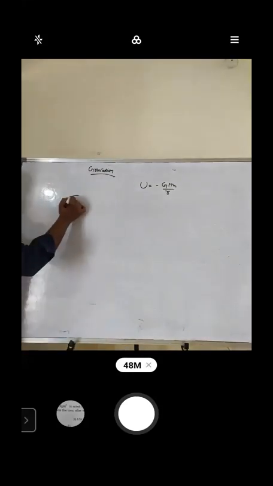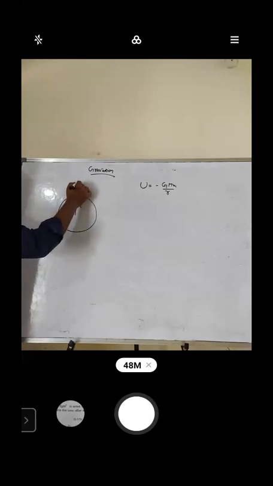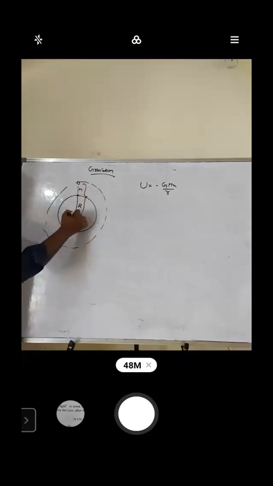Here, this is the Earth's surface, this is the radius R, and here is the object. We are lifting the object to a particular height. This is the height h. Total distance is R plus h.